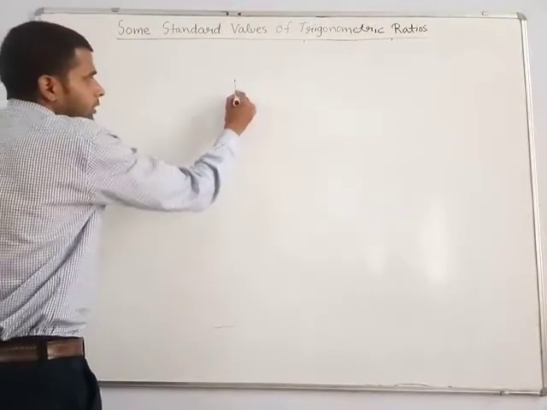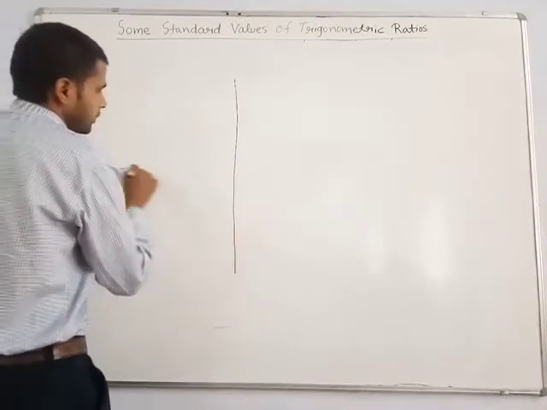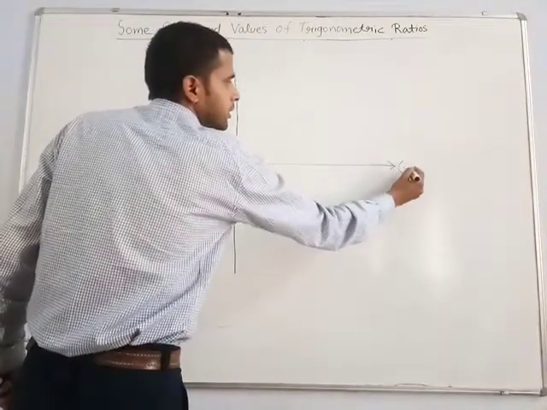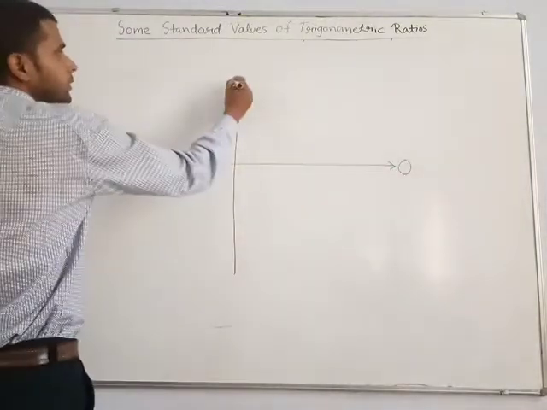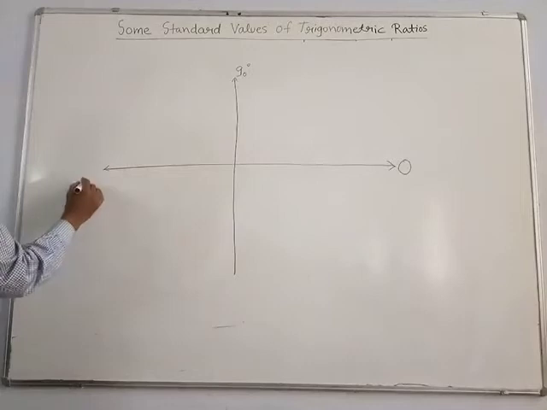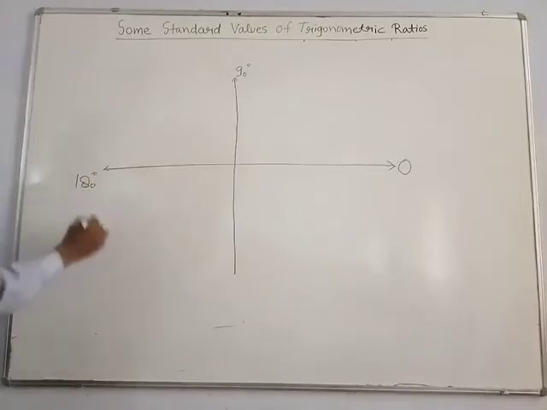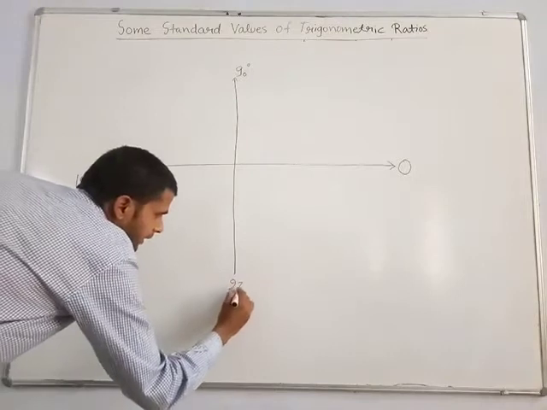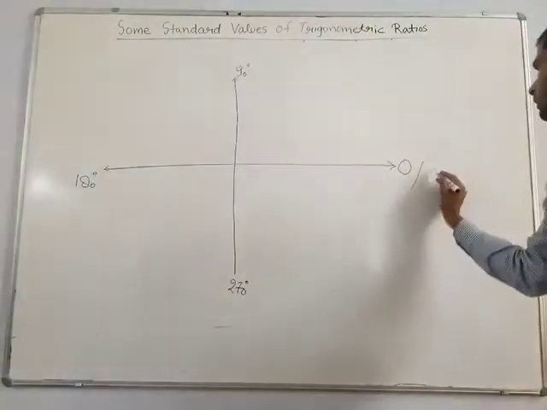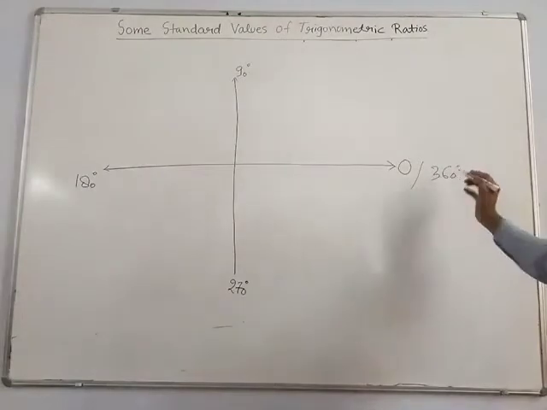Then you have to see quadrant, right? This is 0 degree, 90 degree, 180 degree and 270 degree, again 360 degree.